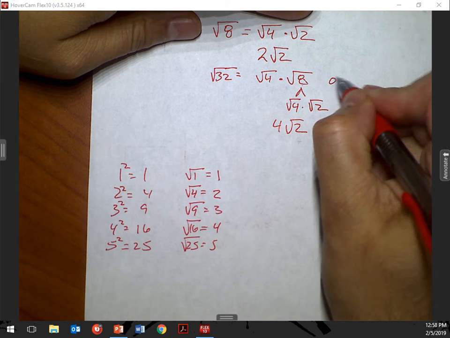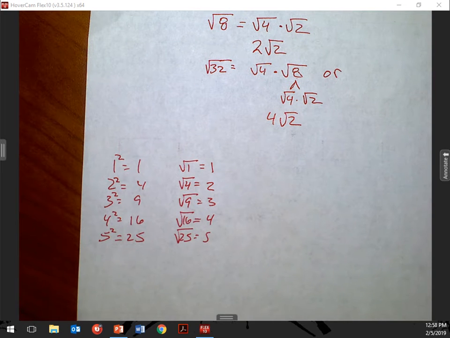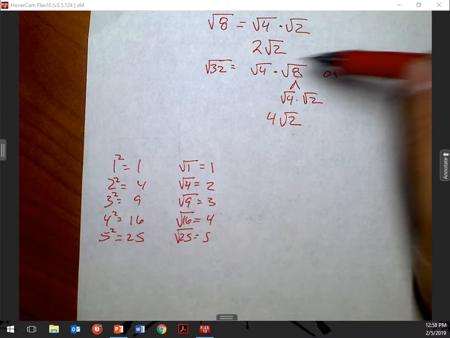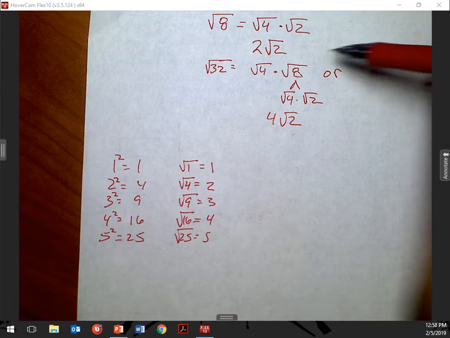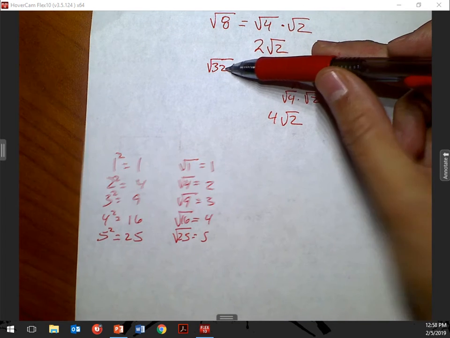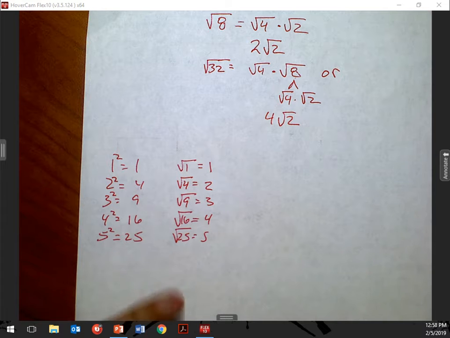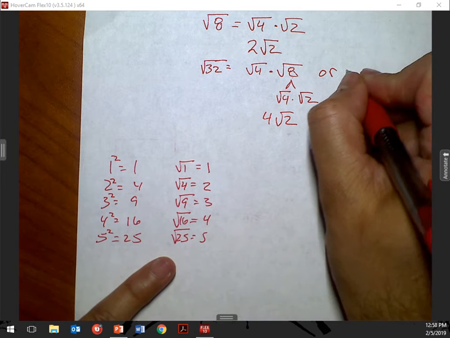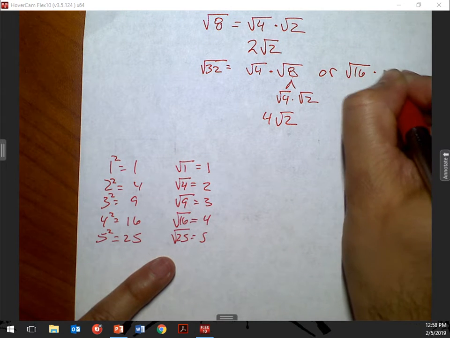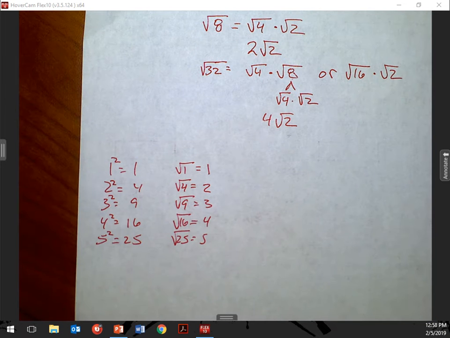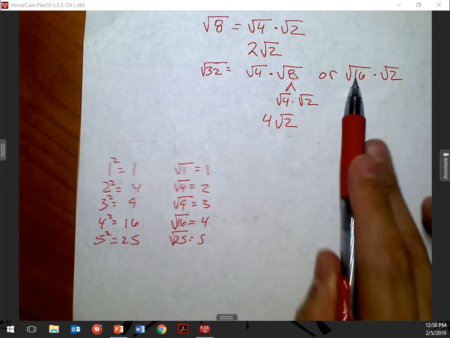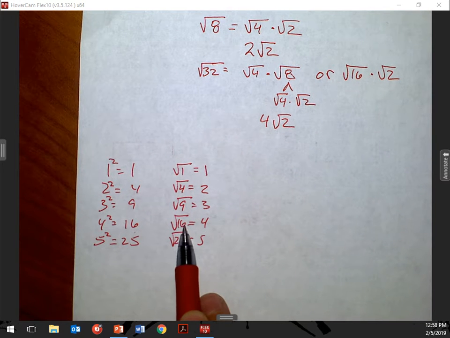I also could have written it in a different way. Isn't 32 16 times 2? Yeah. So I can write it as the square root of 16 times the square root of 2. Is 16 a perfect square? Yes, it is.